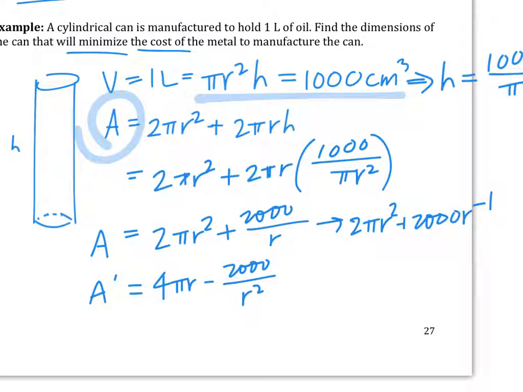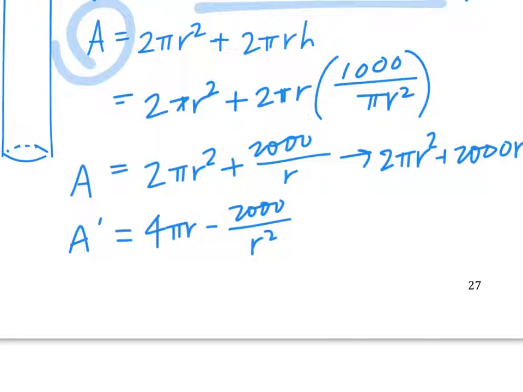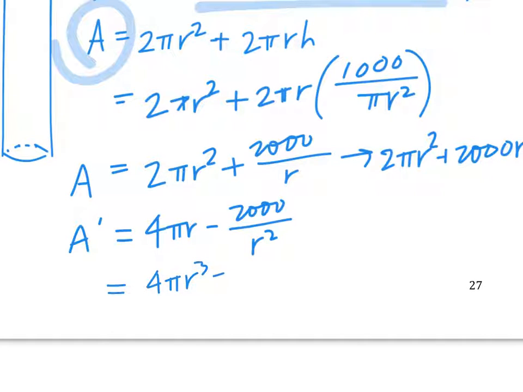All right, let's find the critical points. I'm going to combine them together as one big fraction. Okay, critical points is what makes the numerator 0, what makes the denominator 0. So go ahead and find your critical points.